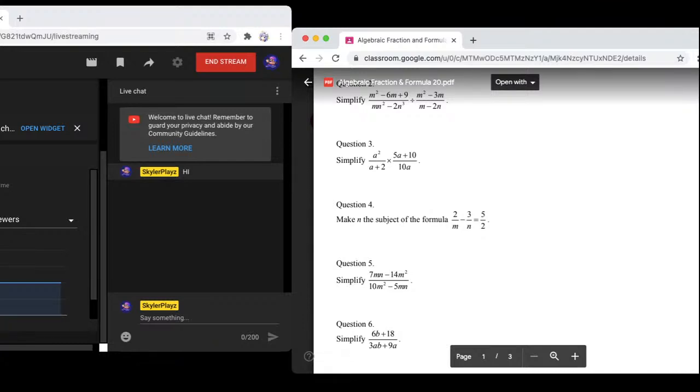Next question. Question 5, sorry. 7mn minus 14m squared divided by 10m squared minus 5mn. So, just factor both sides.